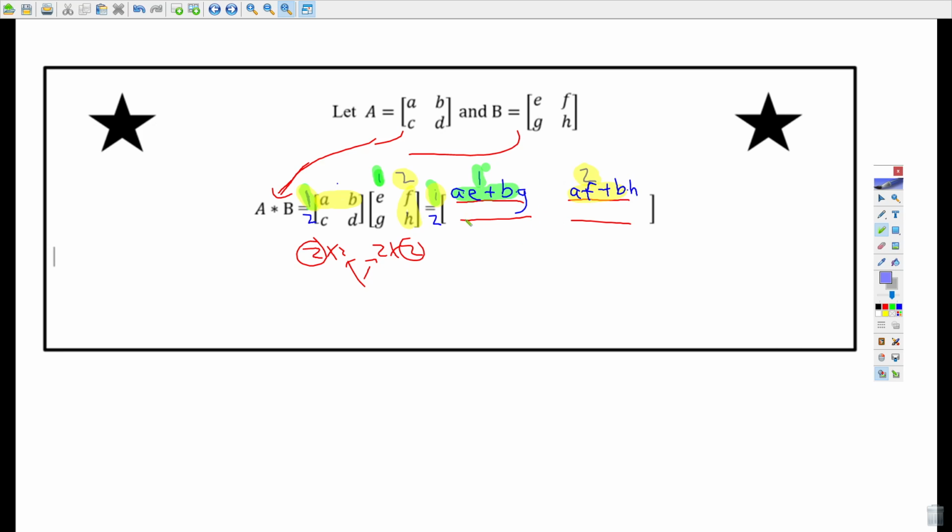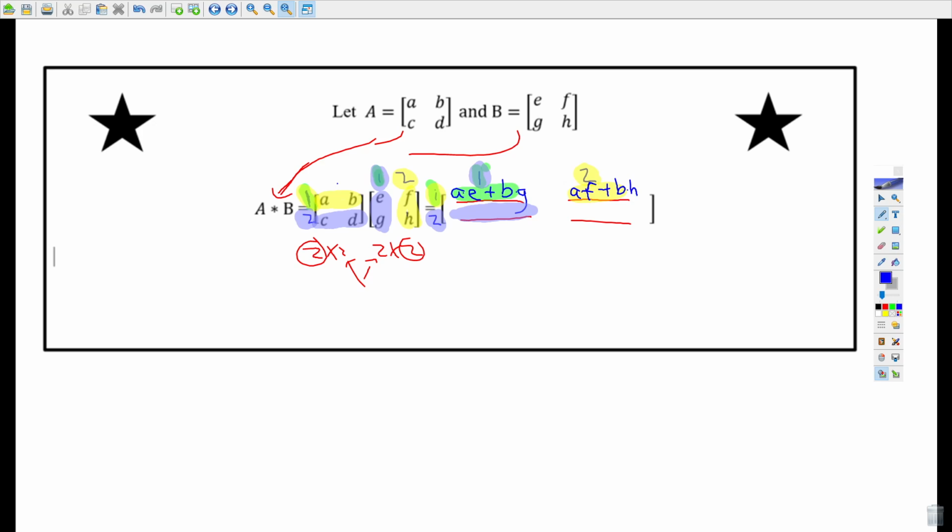All right, so what if we jump down here to this blank spot? So now we're going back to the first column, but we are in the second row. So let's highlight it over here. Second row, which means we're going to use C and D going across. But now we're going back to the first column, back to E and G. So to multiply these together, maybe you can write that out, see if it's right.